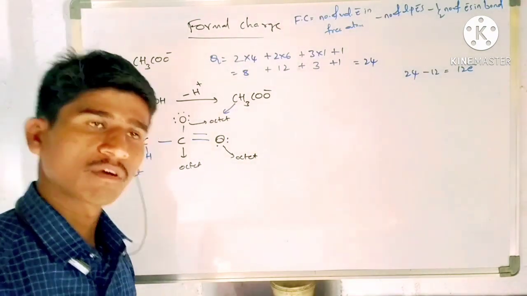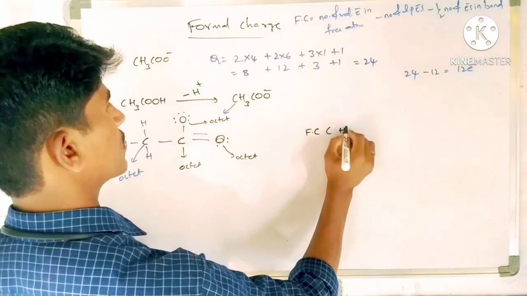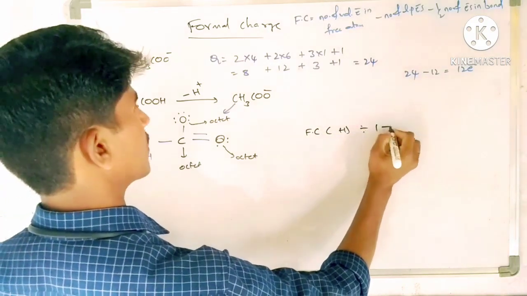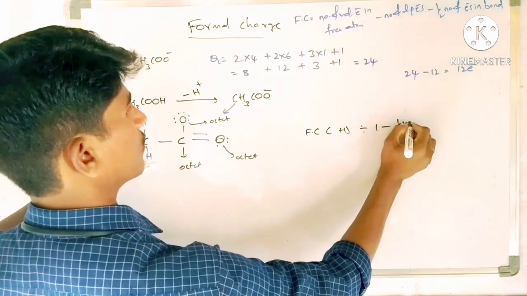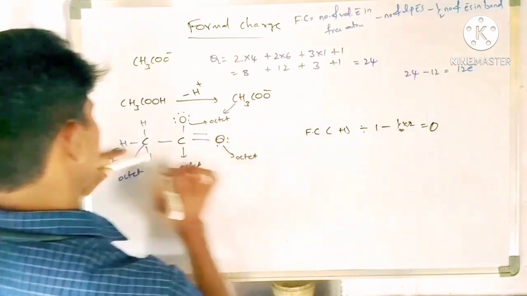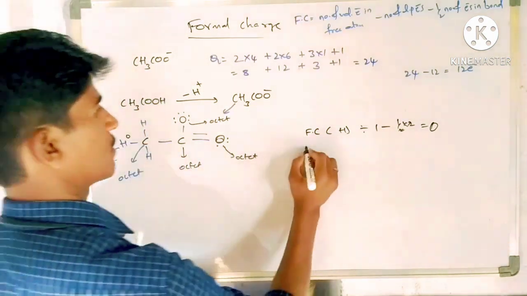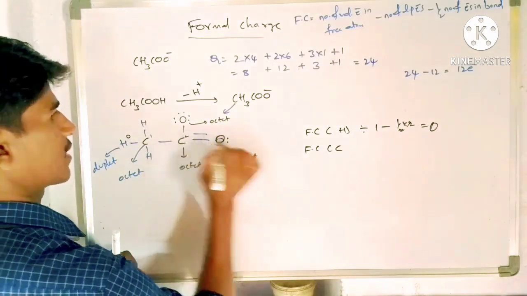Now we have to calculate the formal charge. For hydrogen, you know very well the valence electron is 1, and 1 bond is there, so bond electrons are 2, so the formal charge is 0. Next, the formal charge for the carbons, first carbon and second carbon.